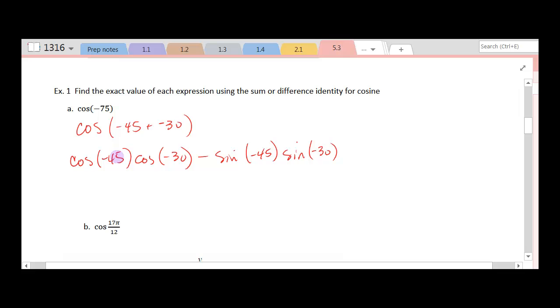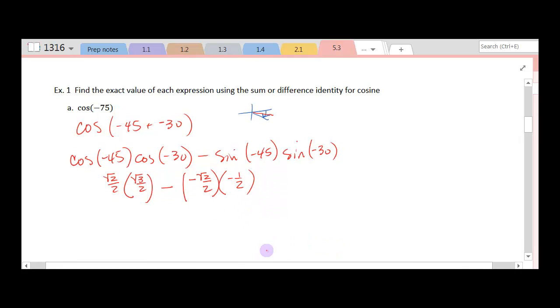The cosine of negative 45 is the square root of 2 over 2, since cosine is positive in the fourth quadrant. The cosine of negative 30 is the square root of 3 over 2. Then minus the sine of negative 45, which is negative square root of 2 over 2, because sine is negative in the fourth quadrant, and the sine of negative 30 is negative 1/2.